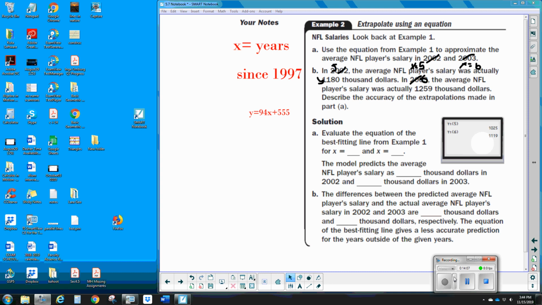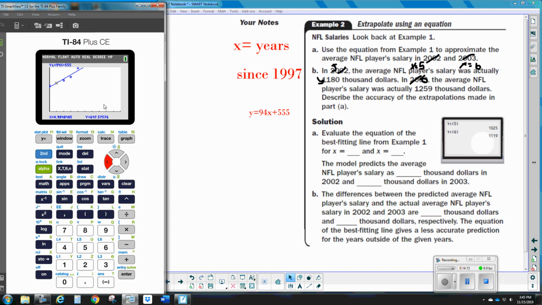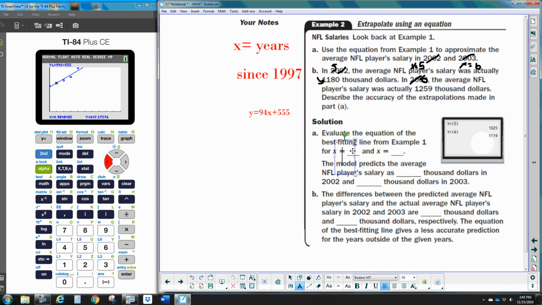Okay, so again, x is years since 1997, and my equation that I came up with using my calculator is y equals 94x plus 555. So we want to look at the data, and we want to see the accuracy of our equation. So when x is 5 and x is 6, I'm going to plug those values in for x.